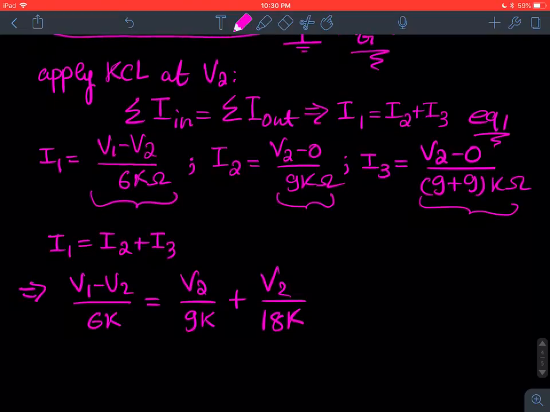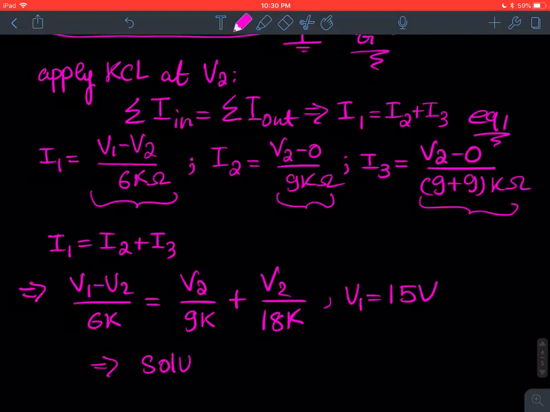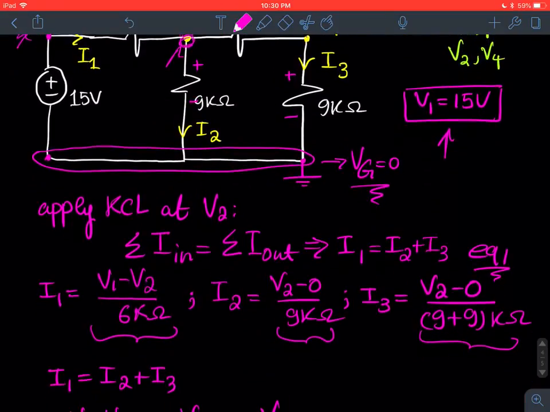And I know the value of V1 is 15 volts. So now solve for V2. This should be a piece of cake. You guys are engineers, you know how to do that.